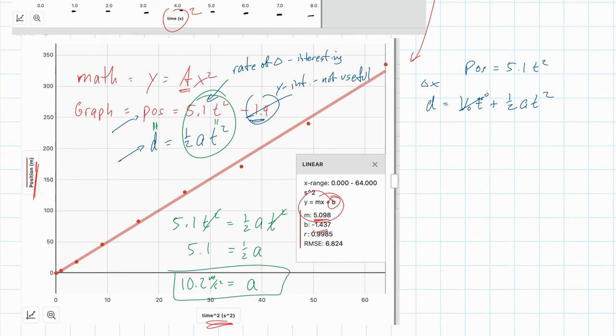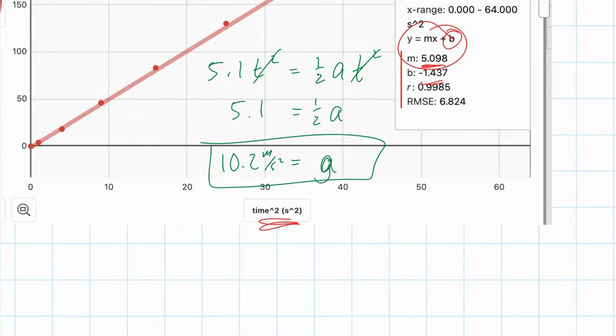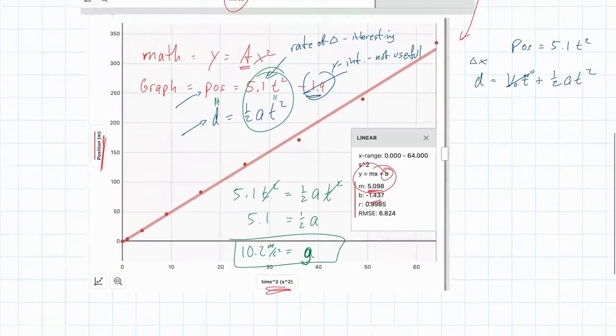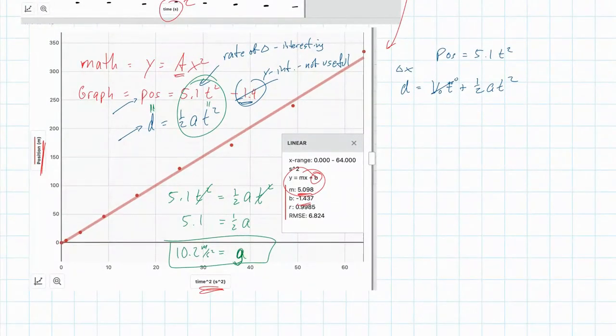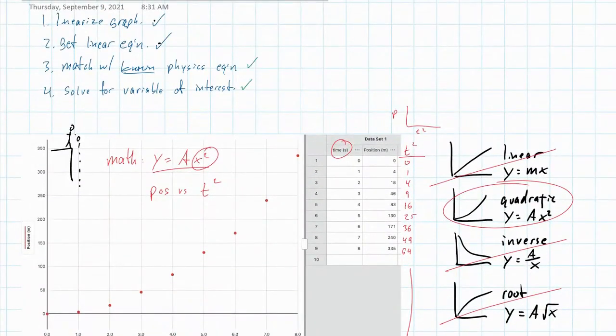And since this was a falling object, that acceleration is actually the acceleration due to gravity. And so we've pulled it off. Through the skill of linearizing, we linearize the graph, we get the linear equation, we match that with a known physics equation.